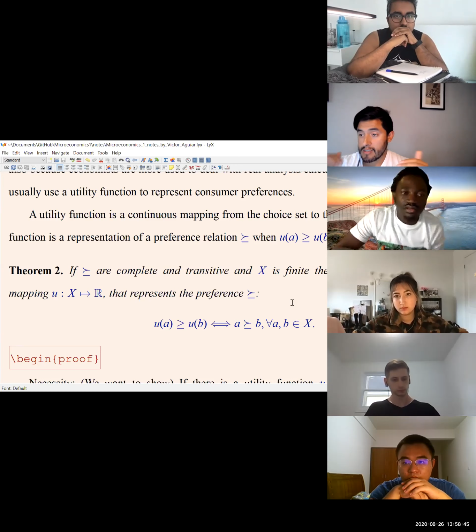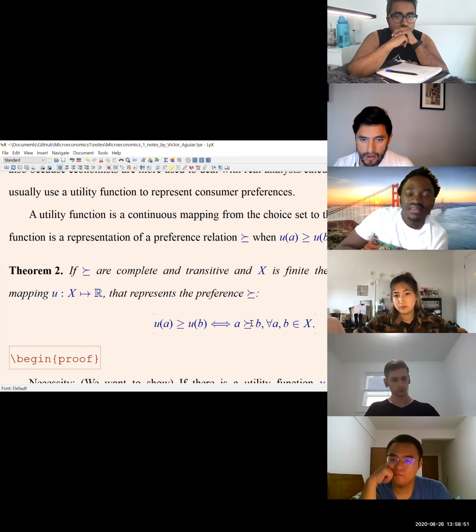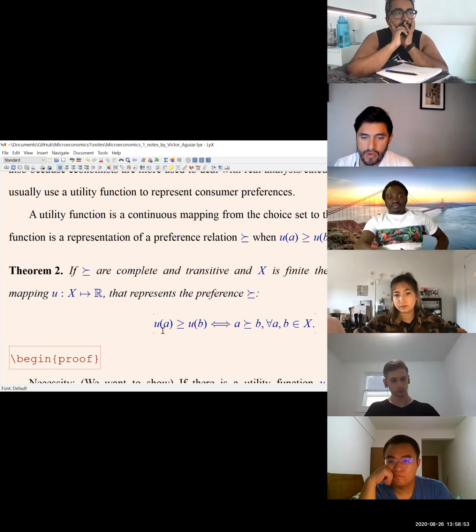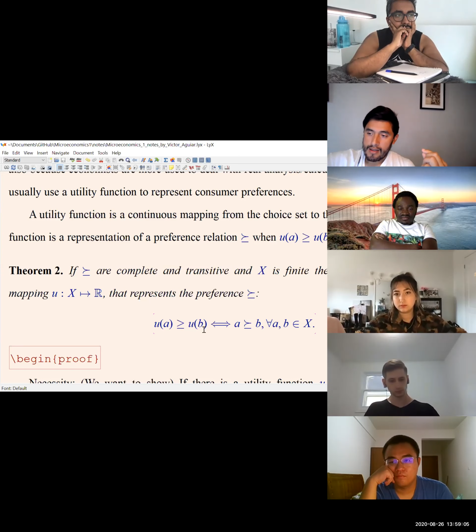You said, if A is preferred to B, then the utility of A is greater than the utility of B. Now the other direction is, if I'm only given the utility numbers, and you tell me utility of A is greater than utility of B, I know for sure that in the preference world, A is ranked above B. So I can go both ways.